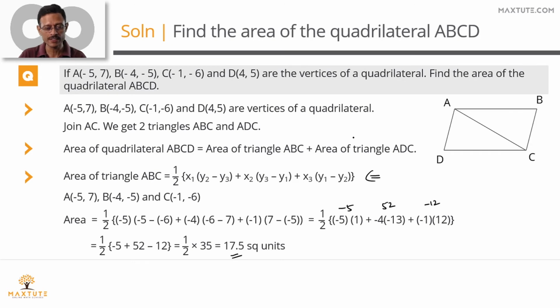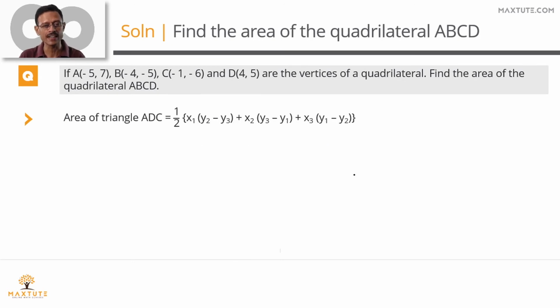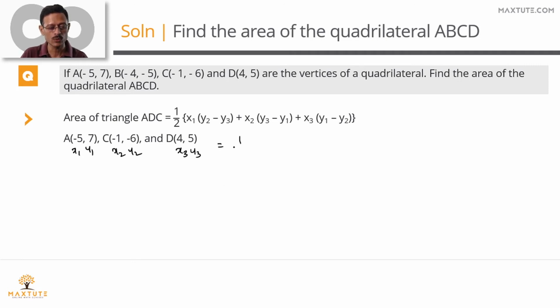Part 2, let's go about it in the same systematic, slow manner and get to the answer. Area of triangle ADC, the coordinates of ADC are these. Again, let's mark x1, y1, x2, y2 and x3, y3. Substitute in this formula, area is equal to half into x1. The value of x1 is minus 5 into y2 minus y3. y2 is minus 6, y3 is 5.